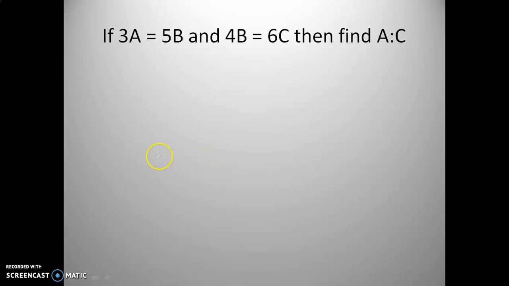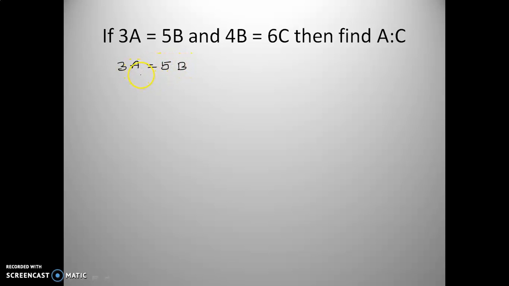The next question is, any guesses, children? Do you think it's a very different question? 3A equals 5B, 6B equals 4C. No ratio symbol itself, ma'am. But we have to find A is to C. How? It's very simple. This is how they twist you, children. See here, with the first step, 3A is equal to 5B.